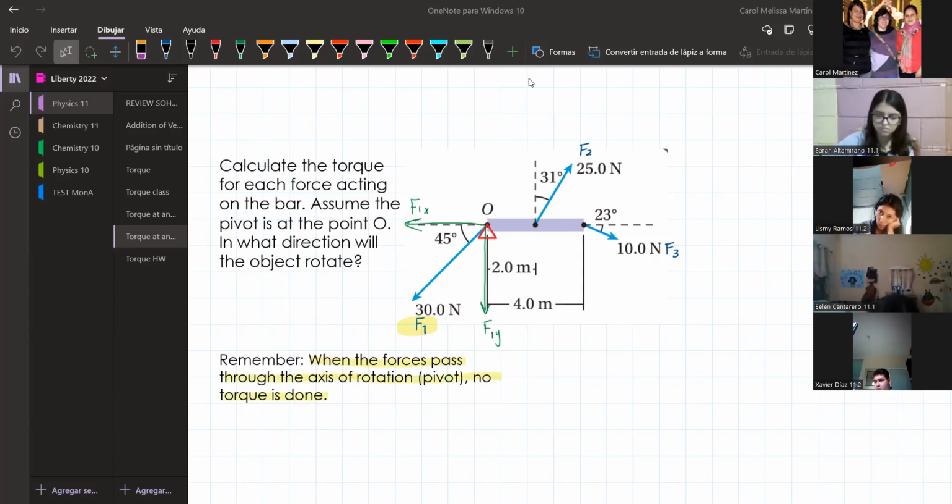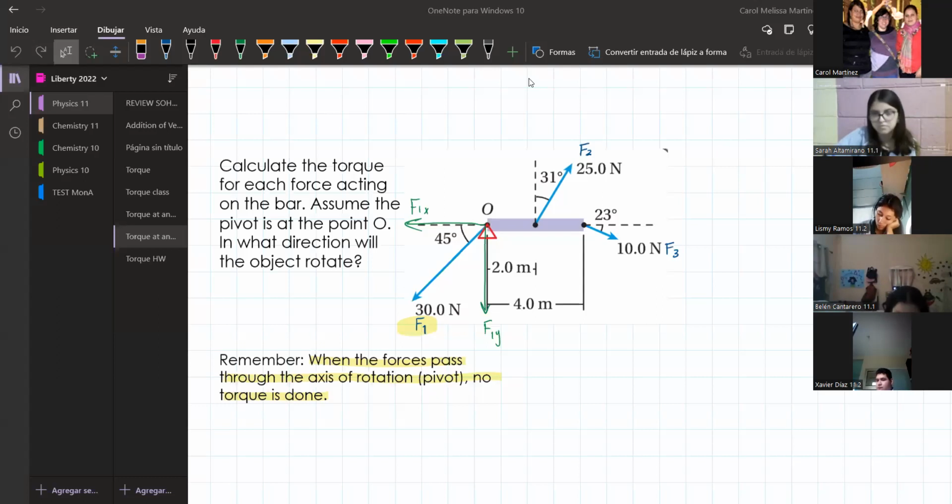So for force one, because it is applied in the pivot, remember when I tried to close the door and I couldn't because the force that I was applying was passing through the pivot? Exactly the same way it happens. So every time a force passes through the pivot it is not going to do rotation.